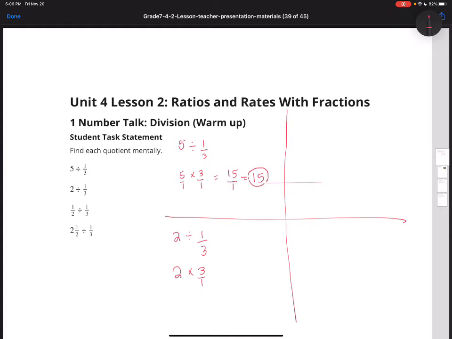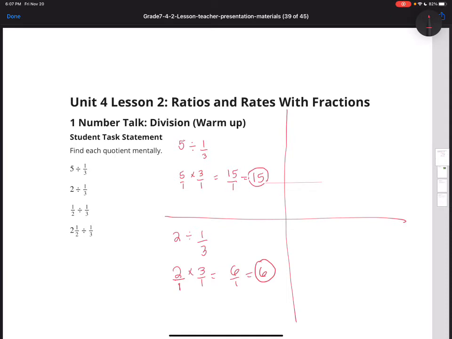When you multiply fractions, you could put a 1 underneath too, because all whole numbers have a 1 underneath, but you don't necessarily have to use it, okay? You can actually get rid of that denominator. And your answer will be 6 over 1. That simplifies to just 6. So the second one will be 6.